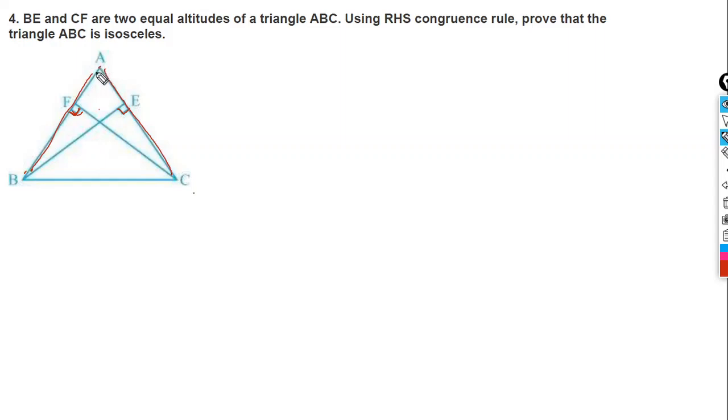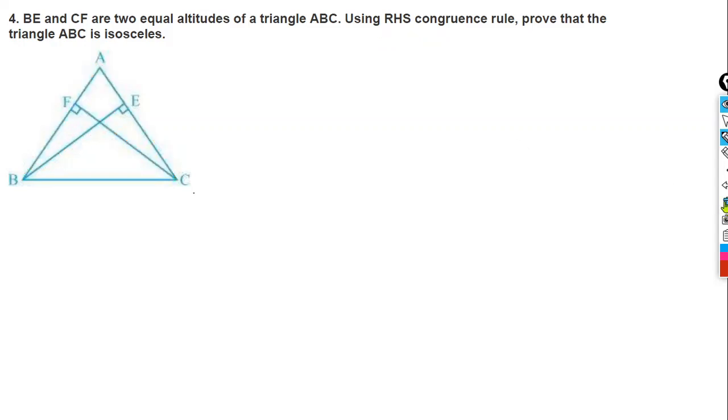For that, we will take two triangles: triangle ABE and triangle ACF. Now we have a right angle, then the hypotenuse. Okay, we have to use the RHS rule, right? So we can't take these two triangles.